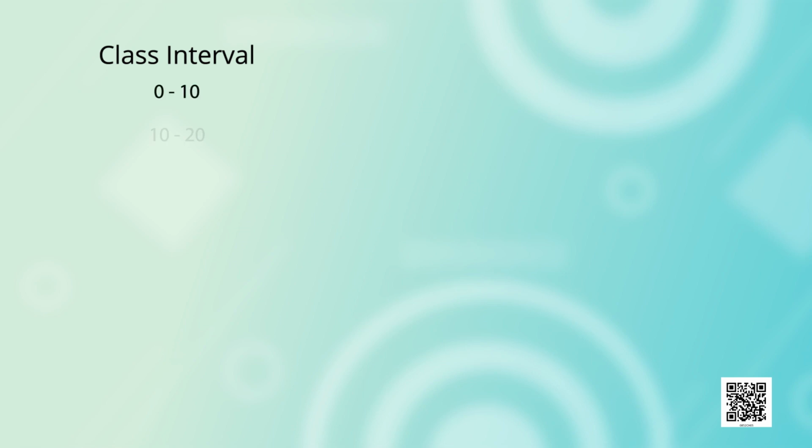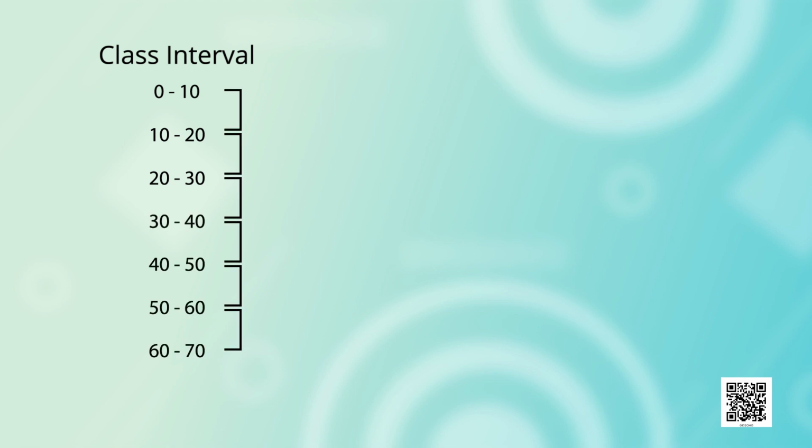0 to 10, 10 to 20, 20 to 30 and so on. Any class interval has two class limits, lower class limit and upper class limit. Like in class interval 20 to 30, 20 is the lower class limit and 30 is the upper class limit.